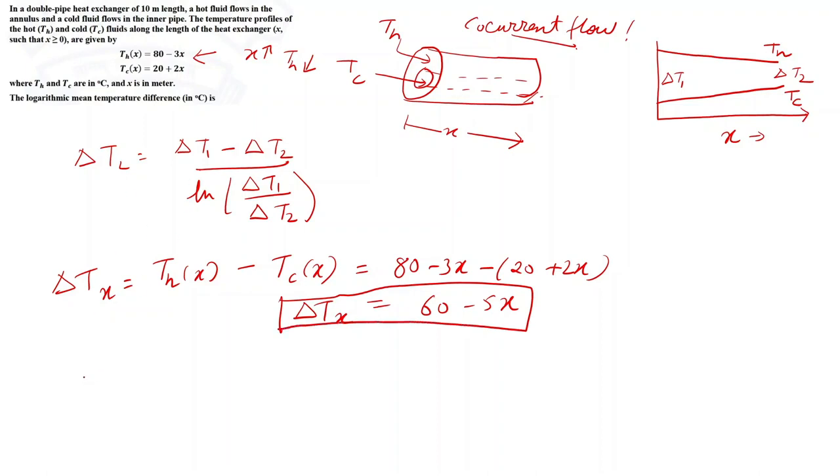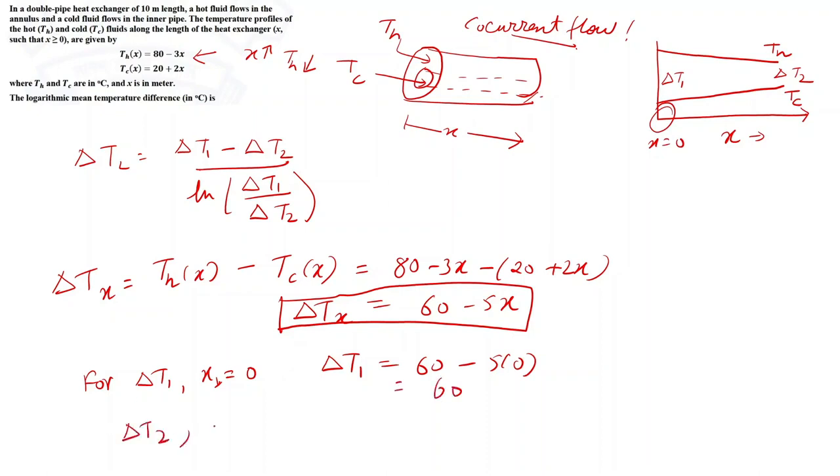Now for delta T1, x is equal to 0. So we will be getting delta T1 is equal to 60 minus 5 of 0. So we are considering right now this point, that is my x equal to 0. So it will become 60.